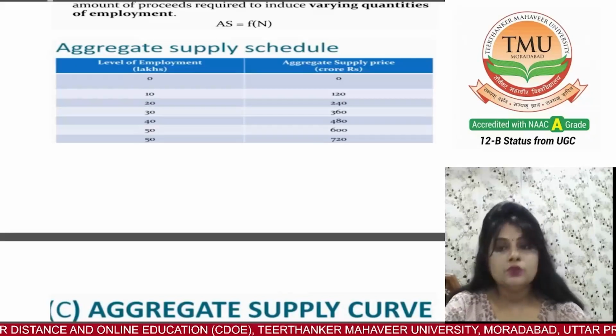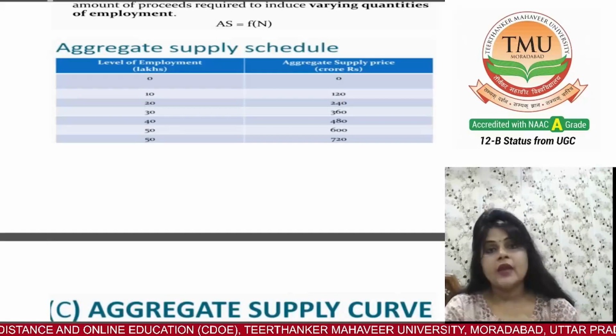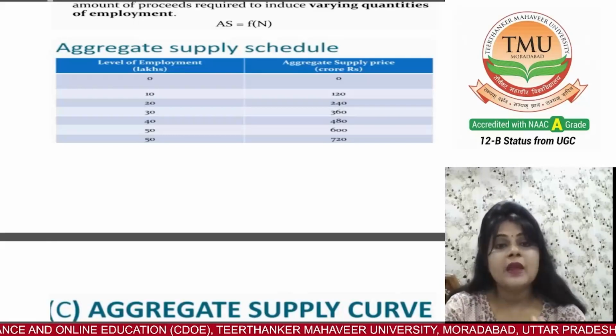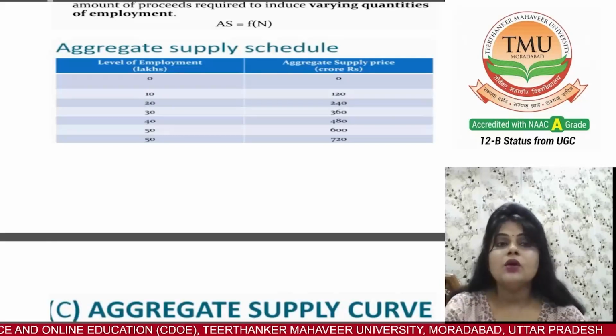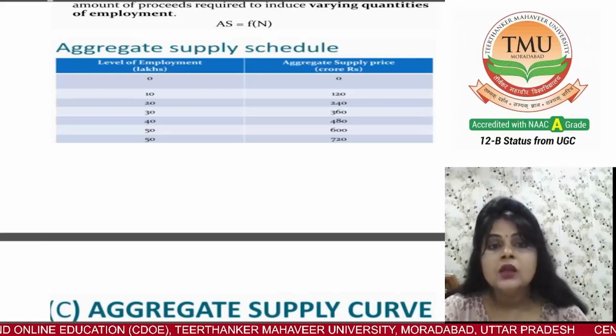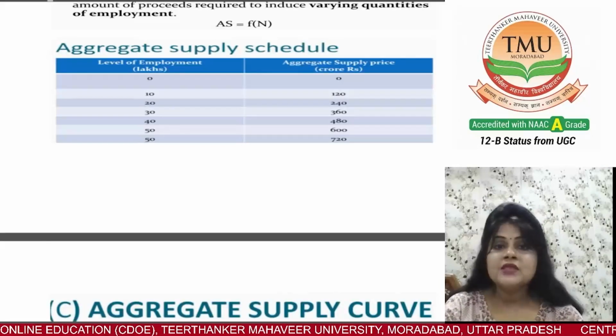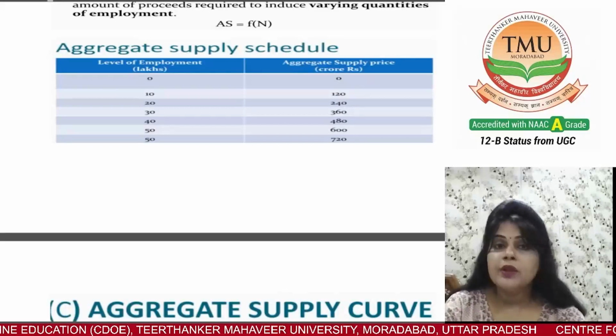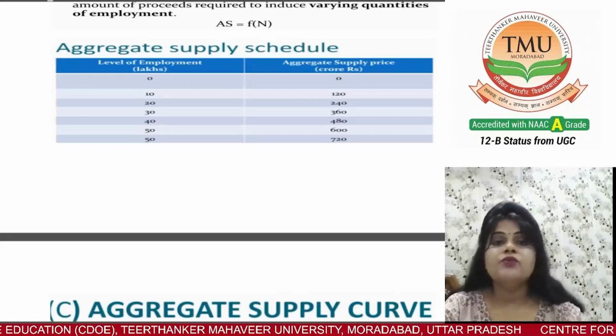So in this schedule, we can understand that at any given level of employment, the aggregate supply price is the total amount of money which all entrepreneurs in the economy taken together must expect to receive from the sale of the output produced by that given number of men.